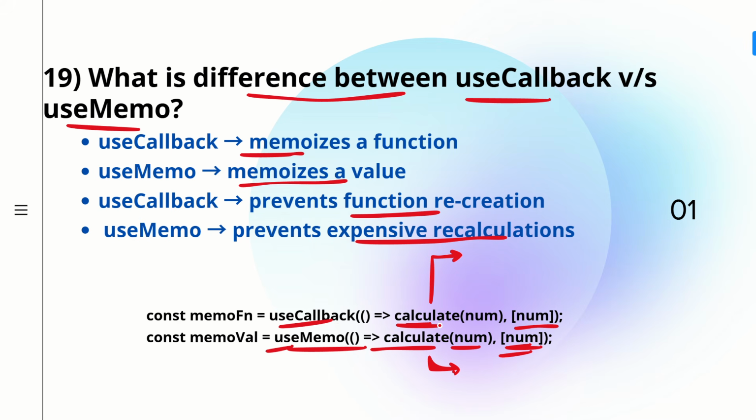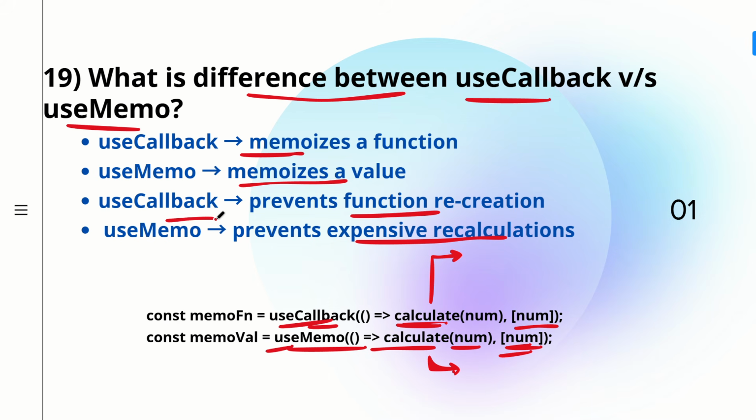Even though they have the same value and same content, the references of functions are always different. That is why they are going to re-render your child again and again. That is why you have to make use of useCallback, so that you don't recreate this calculate function, because the performance of the child component might get affected.